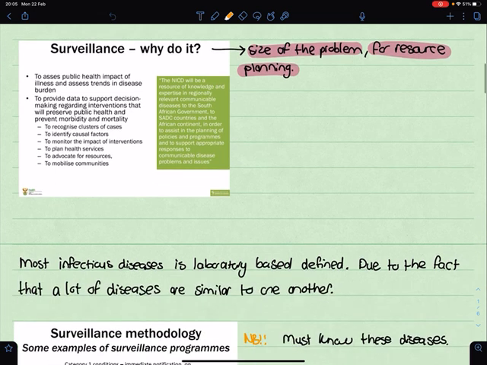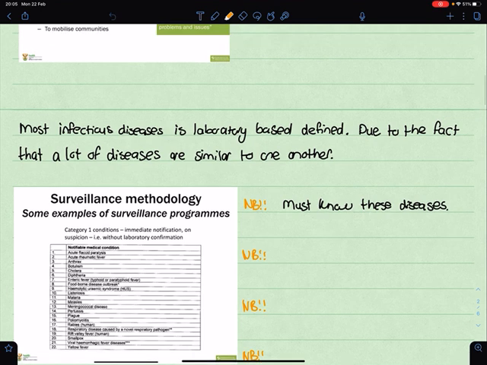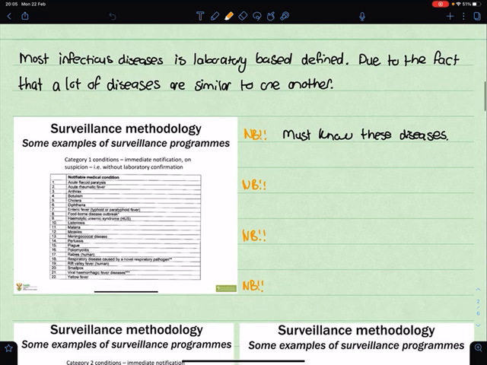Okay, so most infectious diseases are laboratory-based defined, meaning that in order to have a clear diagnosis, it should be a laboratory test, due to the fact that a lot of these diseases are very similar to one another. So what we're going to do now is the category 1 conditions, which is immediate notification on suspicion.